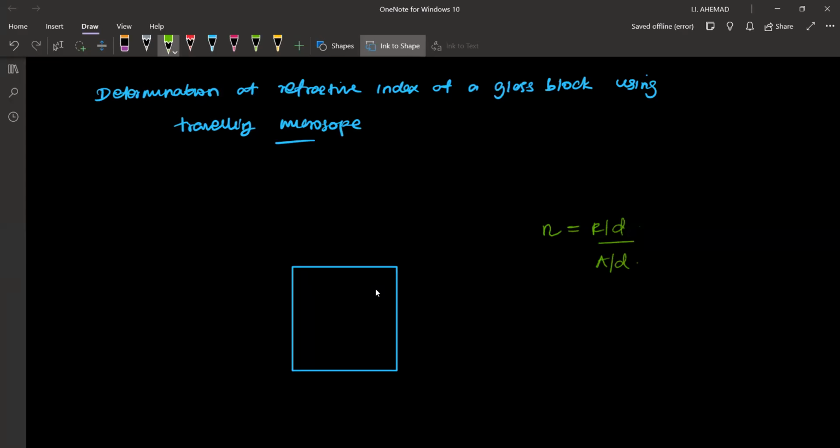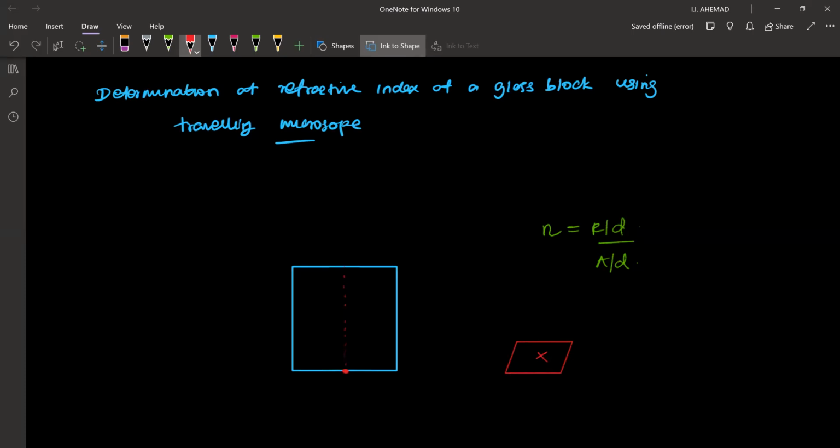To do that, we place an object, a piece of paper with a cross mark, beneath.